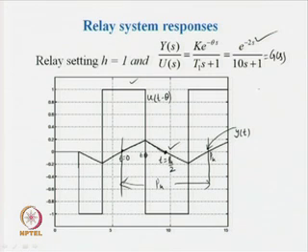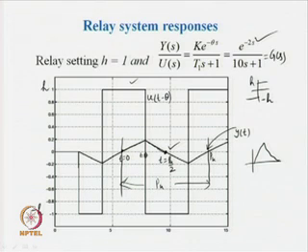So, if the relay heights are set at plus h and minus h, the input you will get will be plus h here and minus h here.